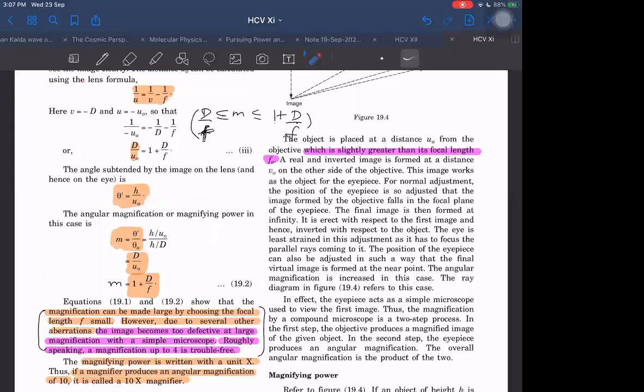The final image is then formed at infinity.